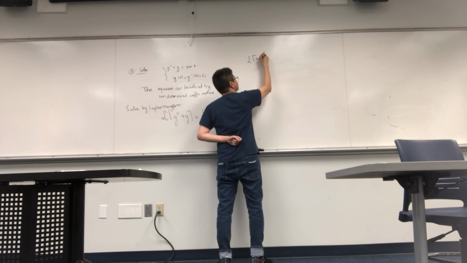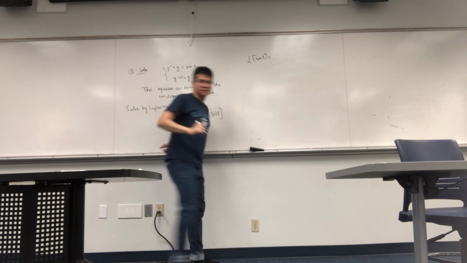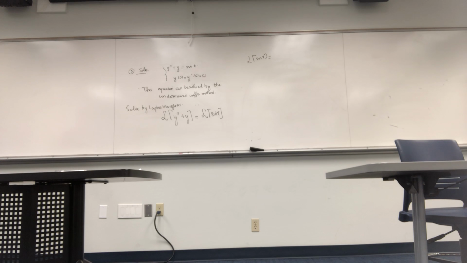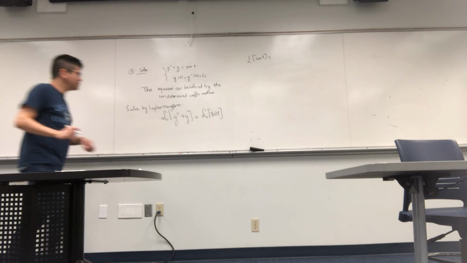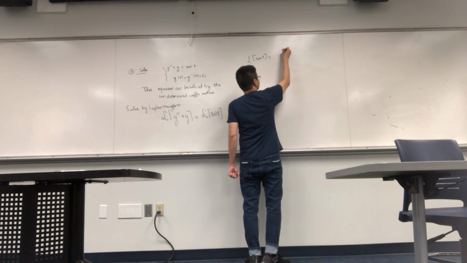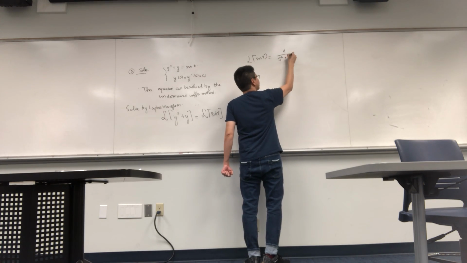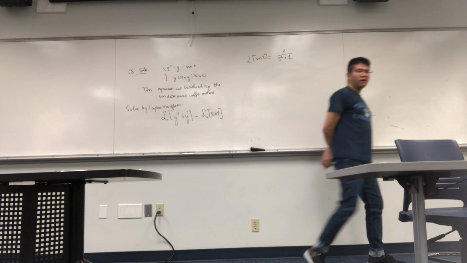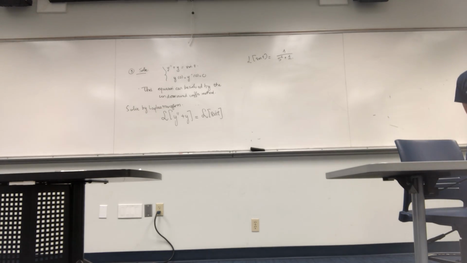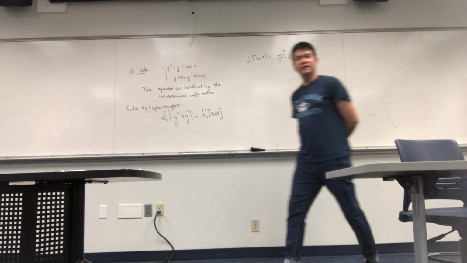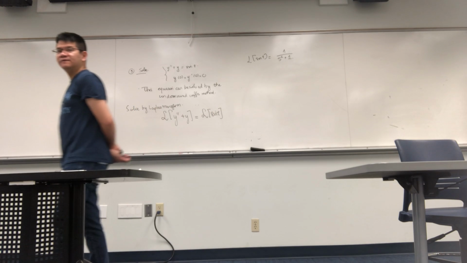So what is the Laplace transform of sin t? Yes? 1 over s squared plus 1. So you know that the Laplace transform of sin t is 1 over s squared plus 1. All right?